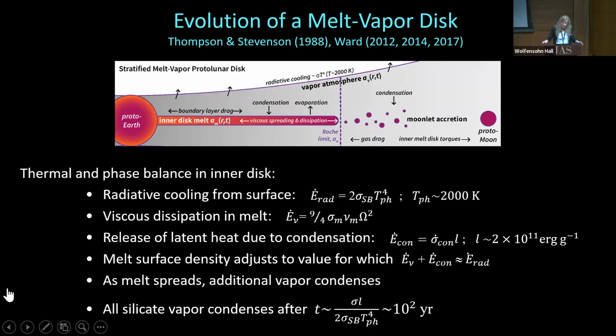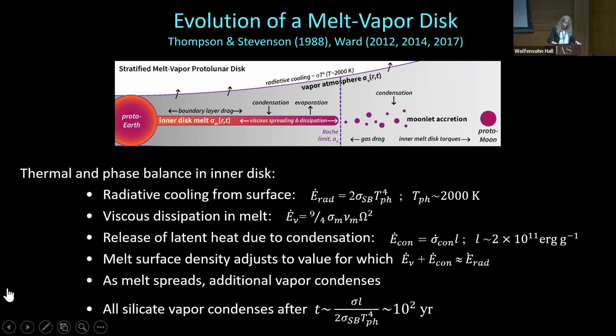So the picture developed, particularly in papers by Bill Ward, was a coupled thermal and phase balance in the disk, in which you have heat generated from viscous dissipation in the melt layer and from any condensation that's occurring, because latent heat is a big energy budget in this problem. And that's balanced by radiative cooling from the surface of this disk photosphere.